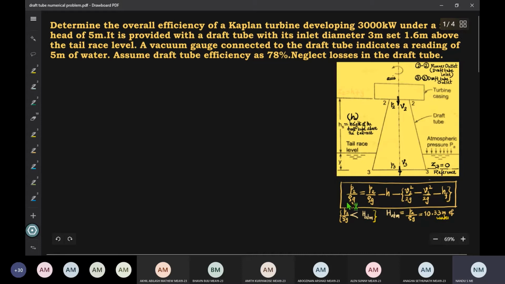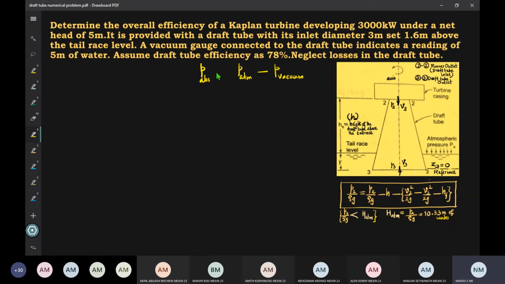And in fluid mechanics, you have studied the conversion. So P absolute is equal to P atmosphere minus P vacuum. And how do you convert that into head? Pressure head, P absolute divided by rho g. And P atmosphere divided by rho g, you will get atmospheric pressure head or HATM. Then P vacuum, the corresponding head will be P vacuum divided by rho g.